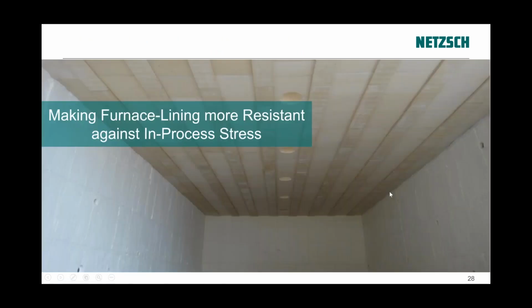It helps you to make the furnace lining of a process furnace more resistant against in-process stress, which comes on one hand from thermal stress, and on the other hand from in-process gases, outgassing of your fired articles, and so on.